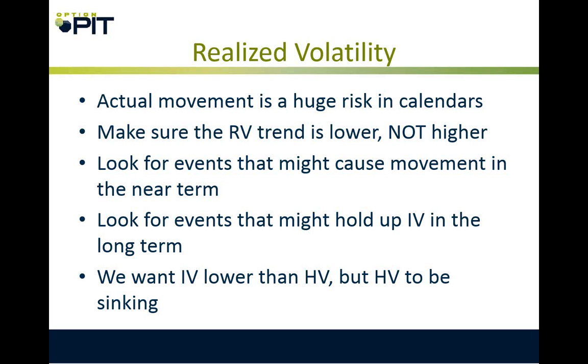Doesn't go up, it's probably not going down, is the way I would describe it. And that's a good thing. We like that. Yeah, the increasing vol means that back month option is not going to decay as much. That's something we like.